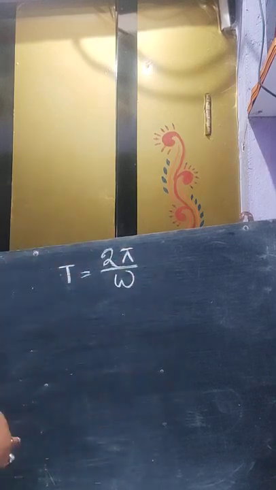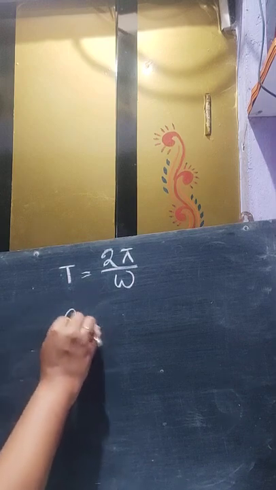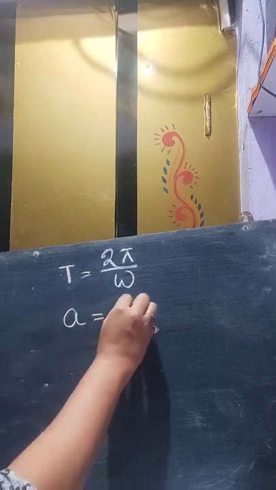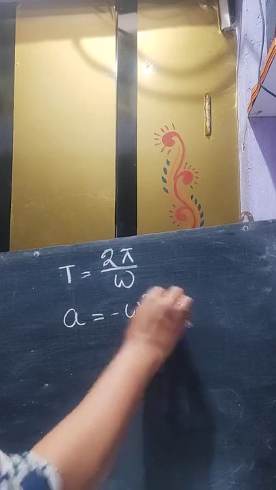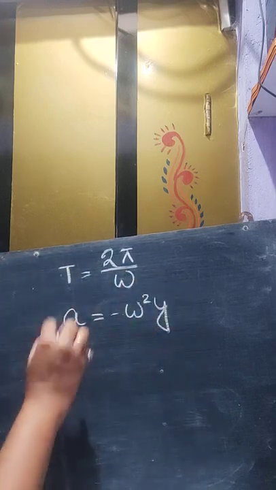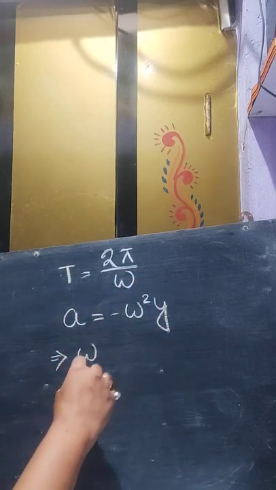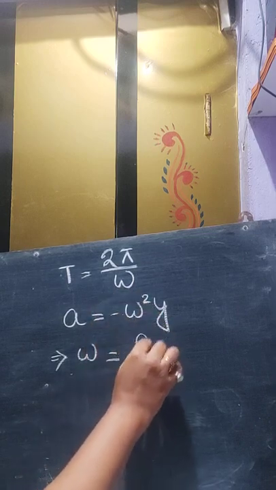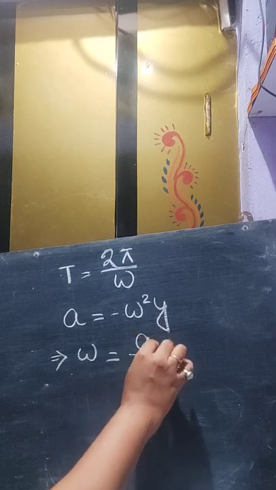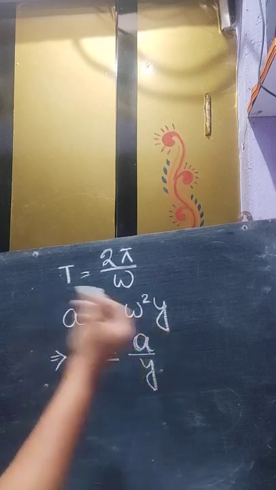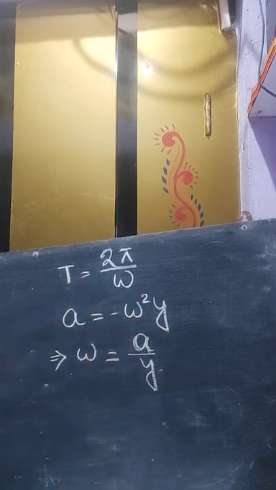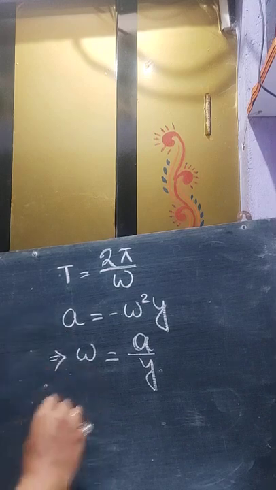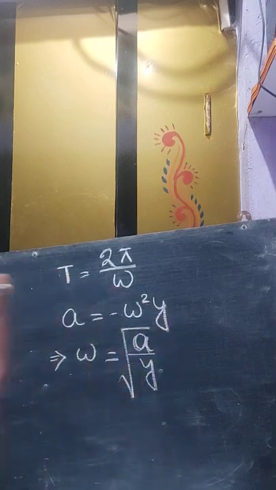And from the previous equation, what did we get? We got that acceleration equals minus omega square y. So from here, we can find that omega equals the square root of acceleration by y, considering the mod value, that is, the positive value of omega under root.